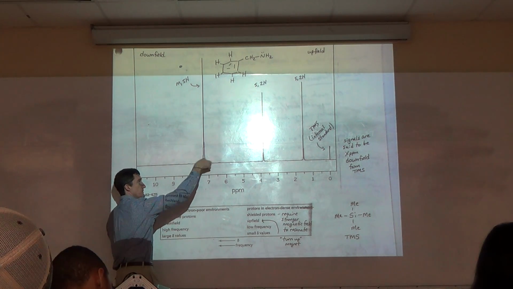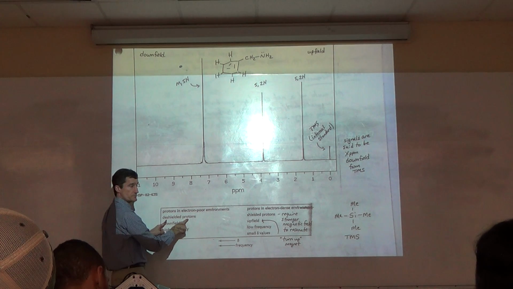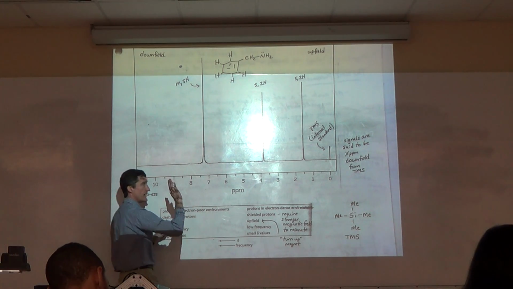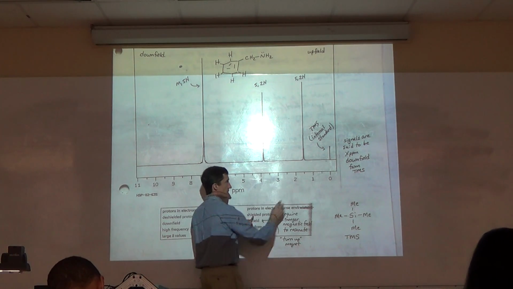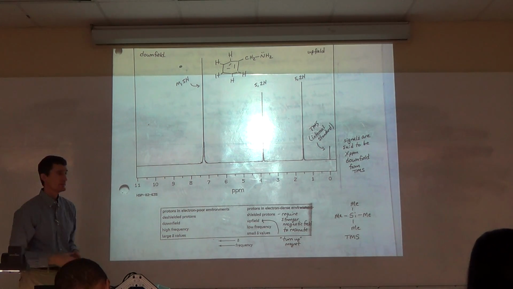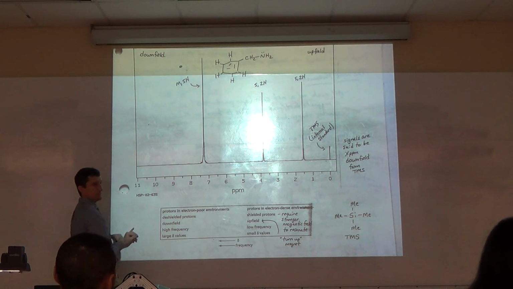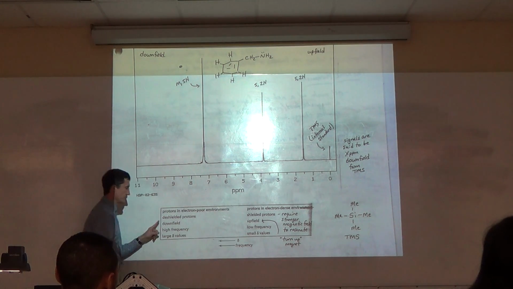We also say the H's that give the signal that's more this way are deshielded, where H's that give signals over here are said to be shielded. We're going to explain this later, just sort of pointing it out. This is called downfield, that's called upfield.